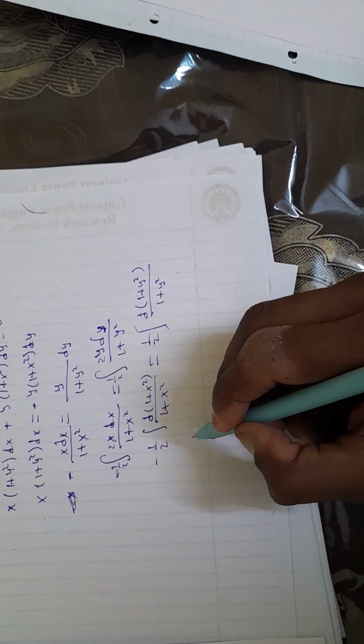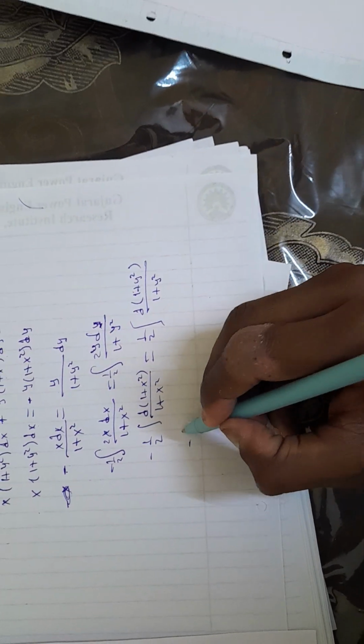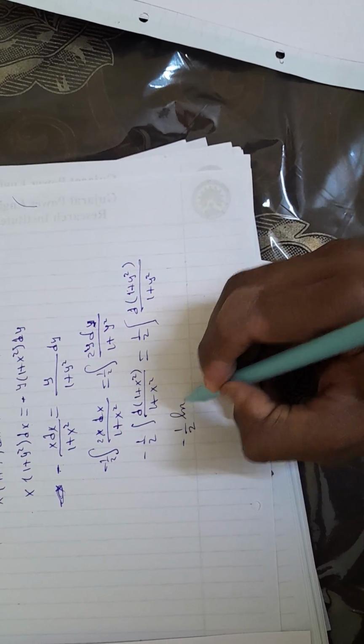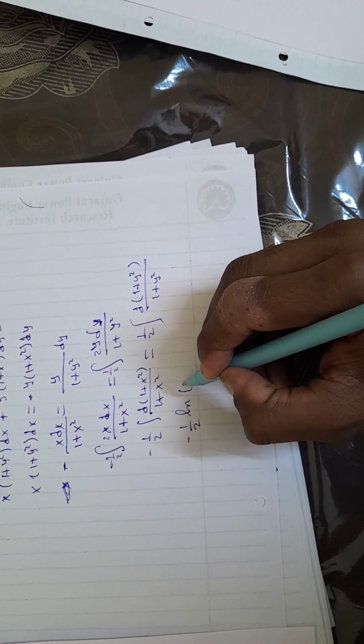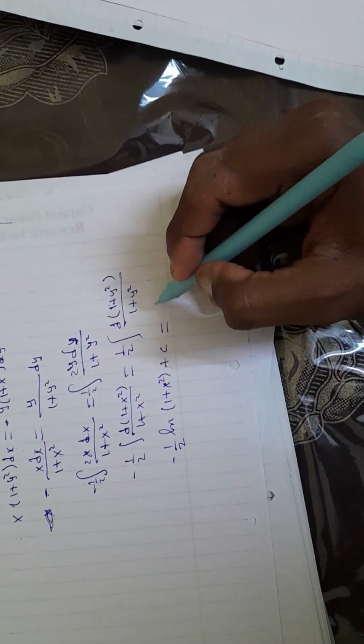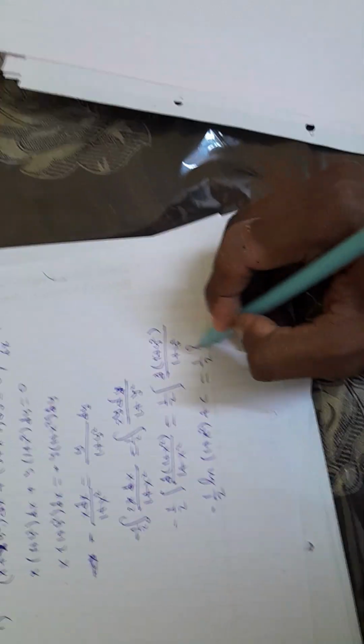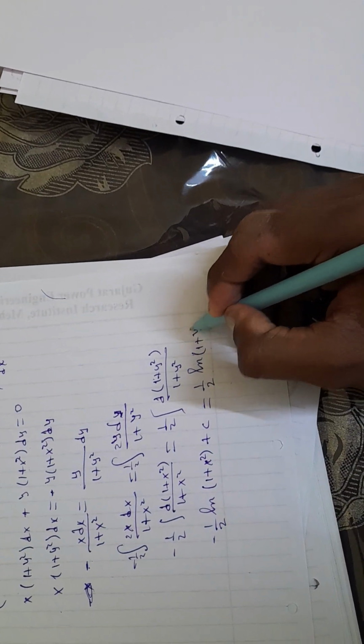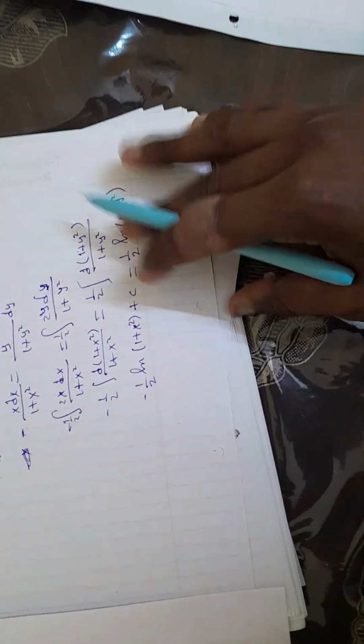This is equal to minus 1 by 2 ln of 1 plus x squared plus c, and this will be equal to 1 by 2 ln of 1 plus y squared. Is that okay? Nice. This is the general solution for this equation.